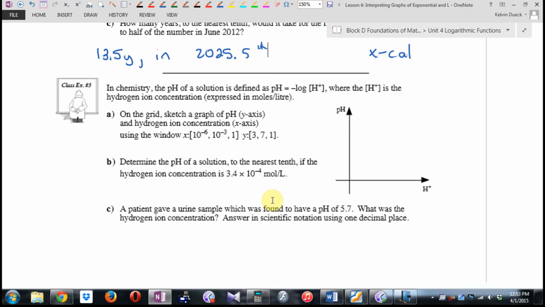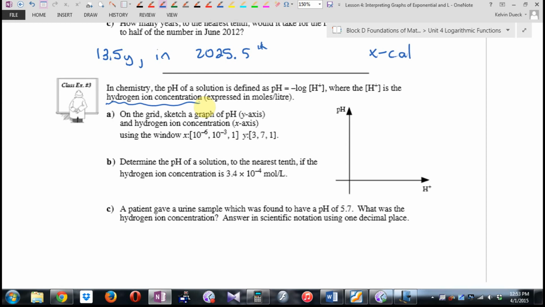The y. And whenever I see H+, which apparently stands for hydrogen ion concentration, I'll put that in for the x value. I don't know anything about chemistry, but I can read units. When I see moles per liter, that goes where the x is. If I see pH, that goes where the y is.